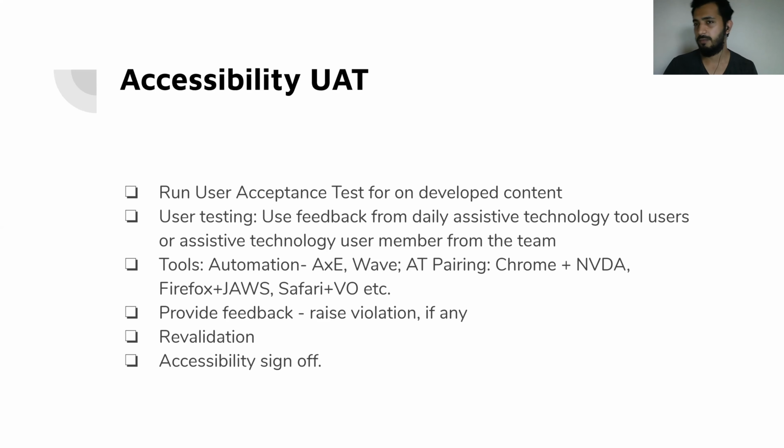Now, again, user testing plays a huge role during this phase, for all the reasons I've already mentioned. User feedback, from someone who uses assistive technology on a daily basis, is your end client. So they can give you insights in terms of accessibility for your product like nobody else can. So that is really, really important.